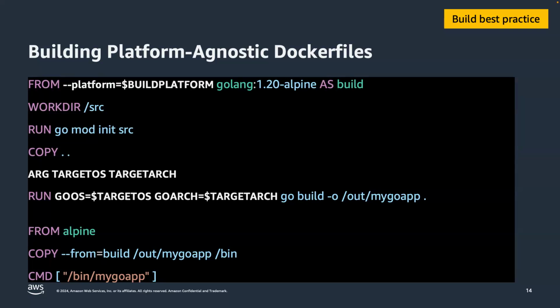But let's say you want to optimize the build of this Dockerfile, and maybe you have binaries that are x86 specific and you want to build for ARM64 inside the Dockerfile. You can make use of the Docker variables such as target OS and target architecture, as you see in this Dockerfile. This Dockerfile uses the Golang language, and you can see that we are following best practices over here.